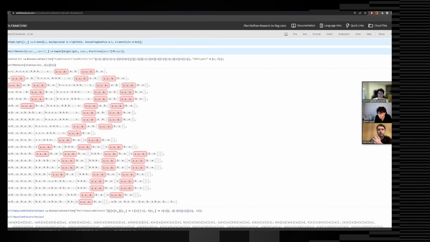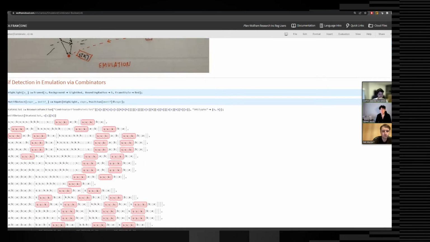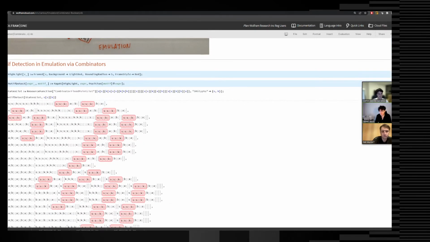Of course, one thing that I'll say also as an experimental detail is if you include A's and B's, if the rules are expressed in terms of S's and K's, if you include any other arguments, of course, those are not going to get highlighted. But you don't have to include A's and B's. This whole thing can be just expressed in terms of S's and K's.